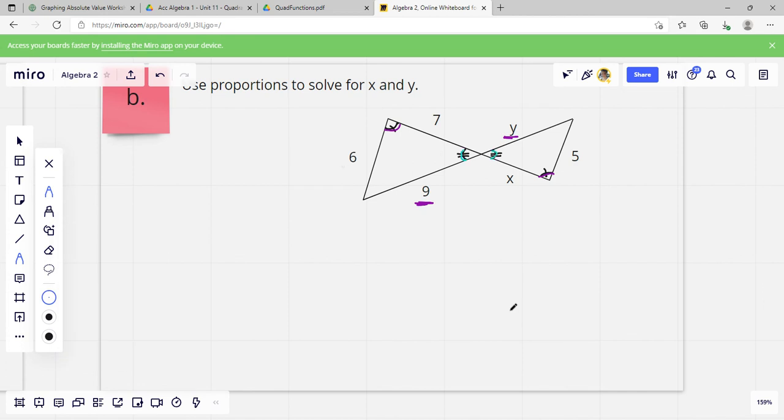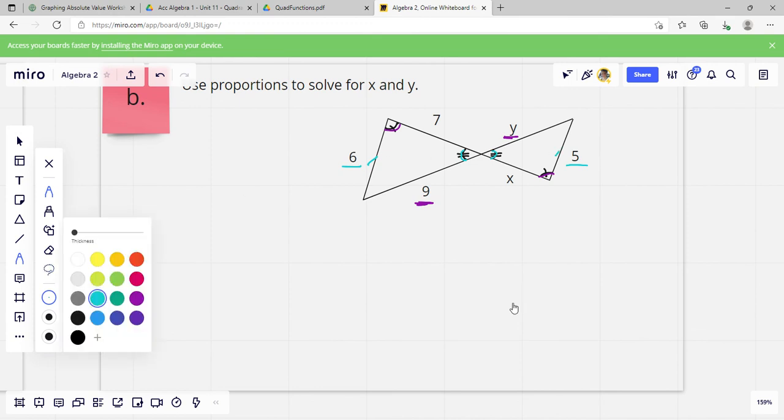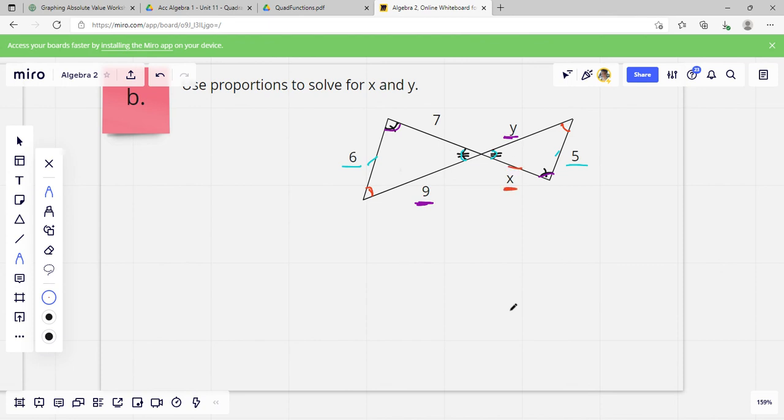So that means that and that are similar, because they're opposite angles, opposite sides. And then the last one, this one without a mark has to be the same as this one without a mark. So that means this side, so x to 7.